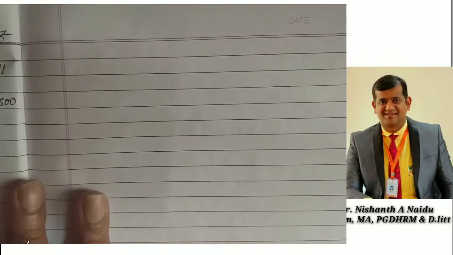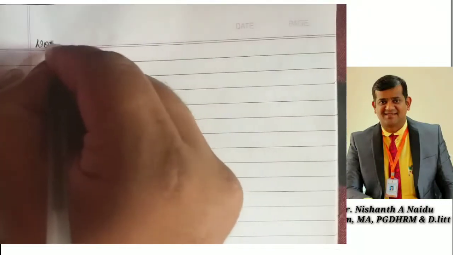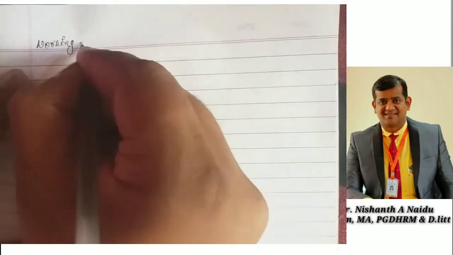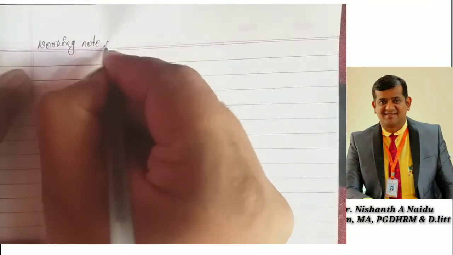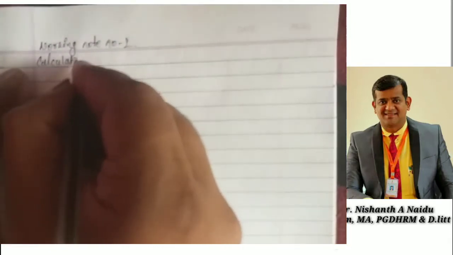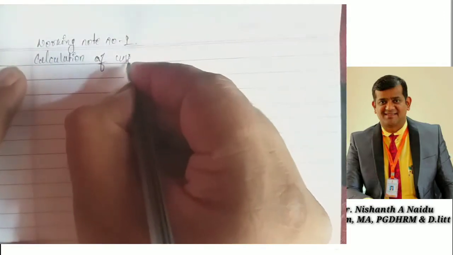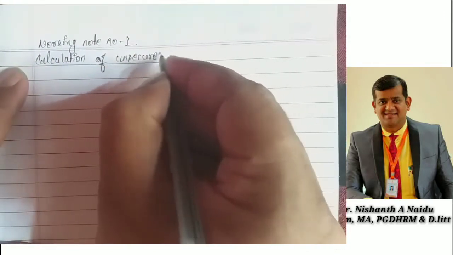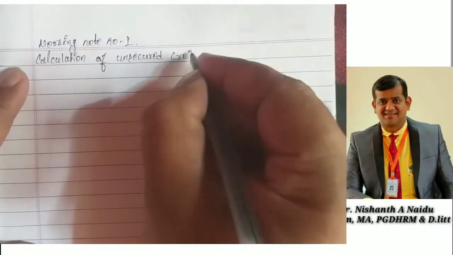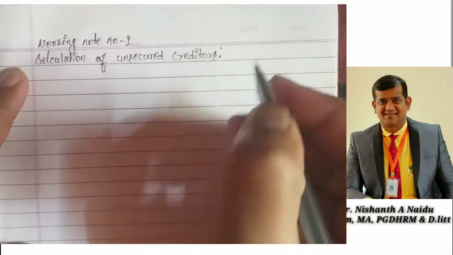So I am starting working note number 1. That is calculation of unsecured creditors.